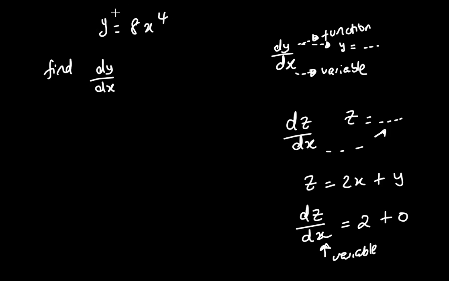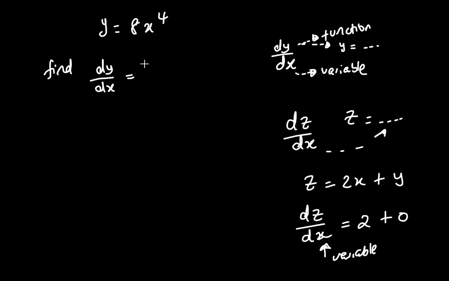Look at this one there. They say find dy over dx. The dy tells you that my function is y is equal to something, and then it says dx, meaning that I have to respect x. That is the one that we are respecting. So therefore dy over dx would be 8 times 4, and I'm going to say this times that.